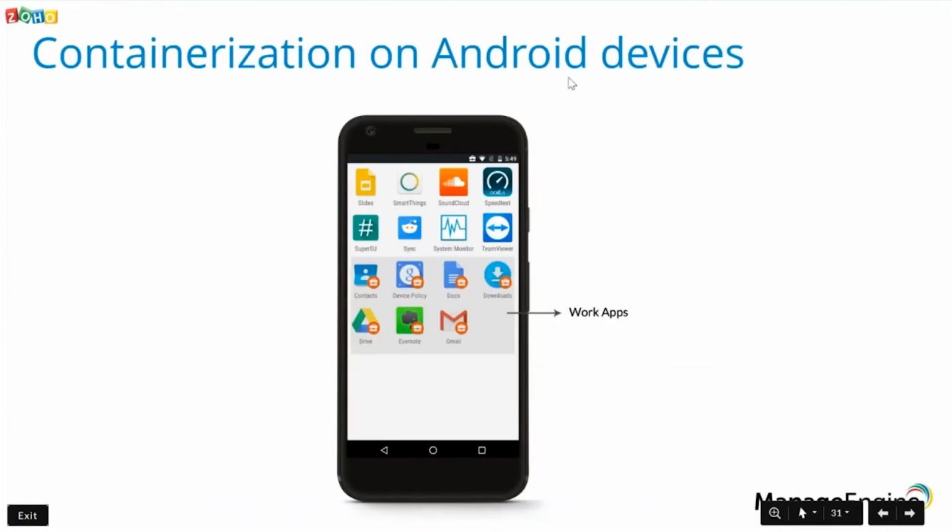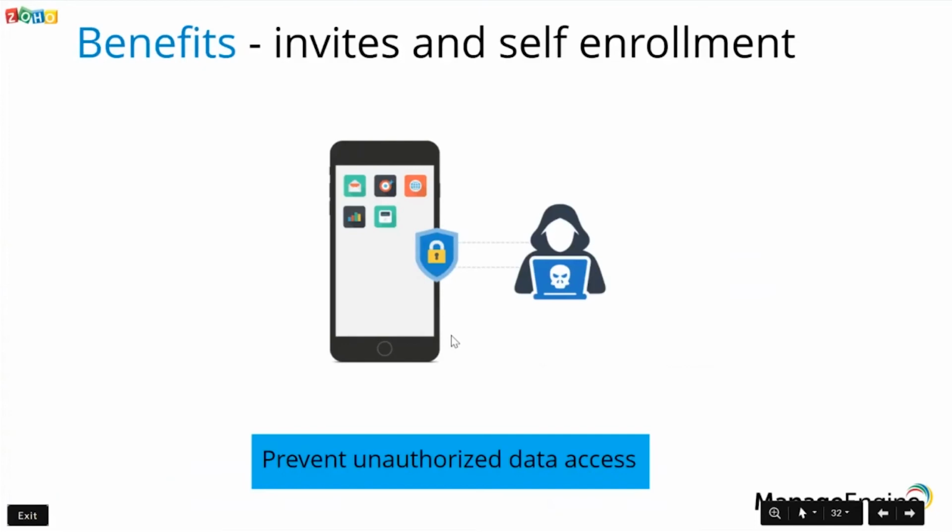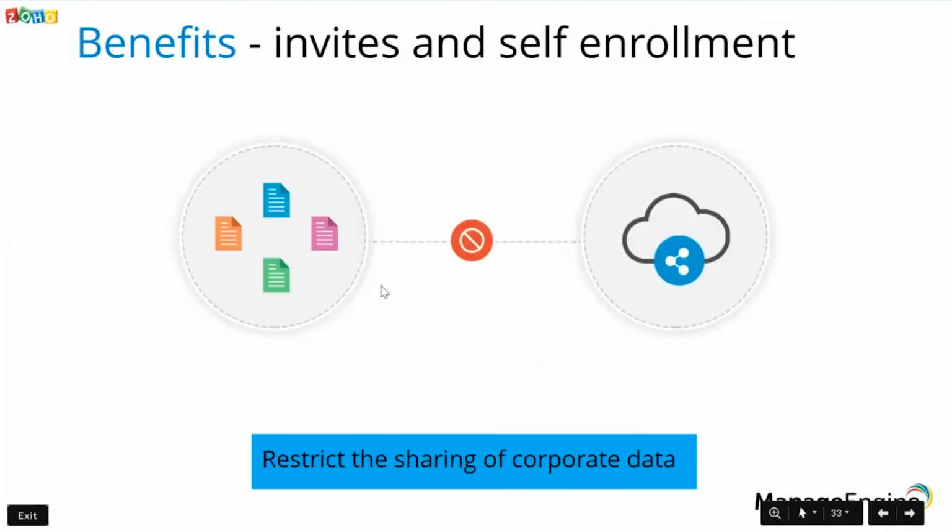And on Android devices, you can also create a logical container on these devices. So all of your corporate applications will be indicated with an orange briefcase symbol to show that these are corporate apps. You can also prevent unauthorized data access to your corporate data, even if it is a personally owned device. You can also restrict the sharing of corporate data between personal and corporate apps.